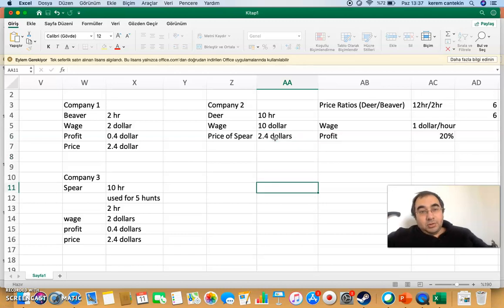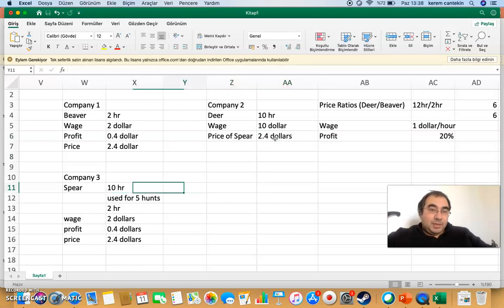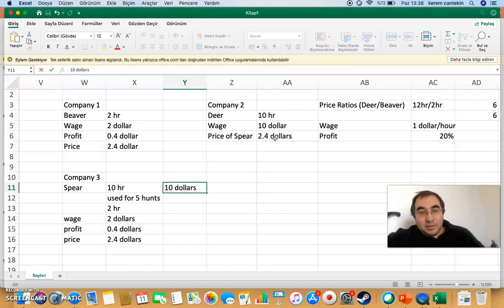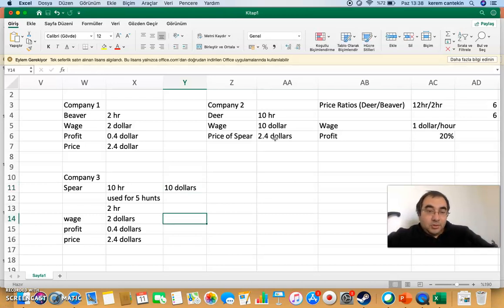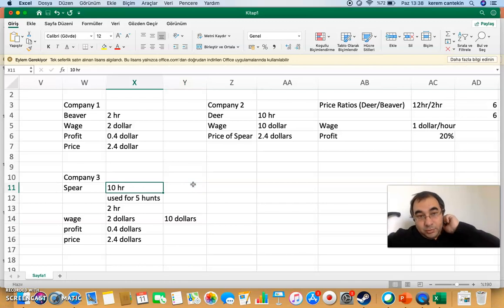If you want, you can also make the same calculation for the total cost of spear. Total cost of spear is actually $10, since it is produced in 10 hours.